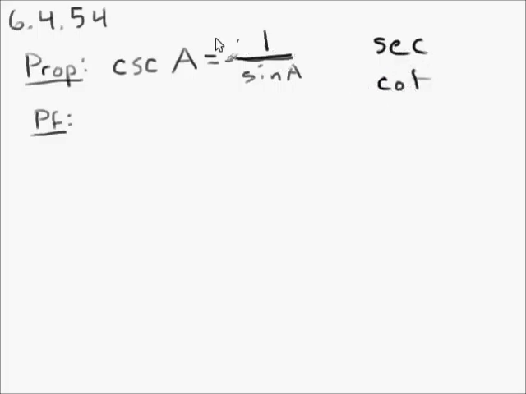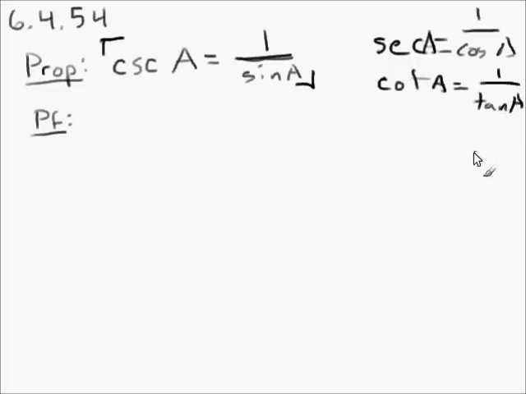So SEC, COT, CSC. This proposition that we're setting out to prove is actually one of the ways that you can define the cosecant. You could define the cosecant function to be 1 over the sine function. Likewise, I could define secant to be 1 over the cosine. So secant of A would be 1 over cos A, and cotangent of A would be 1 over tan A.